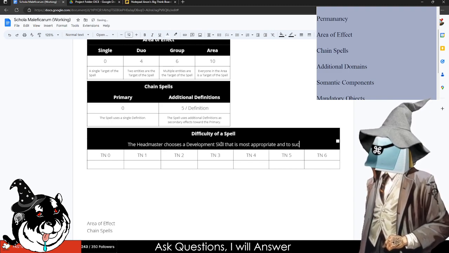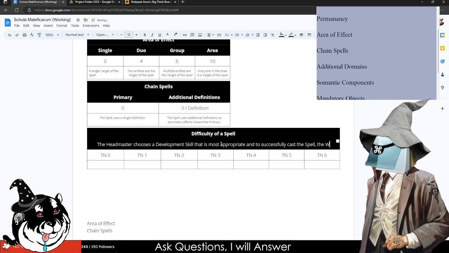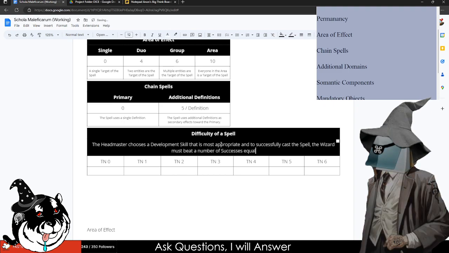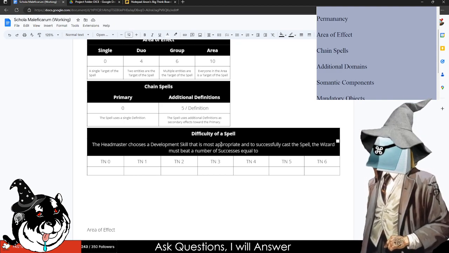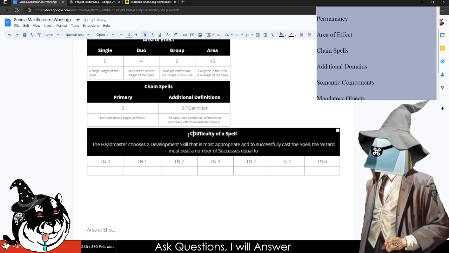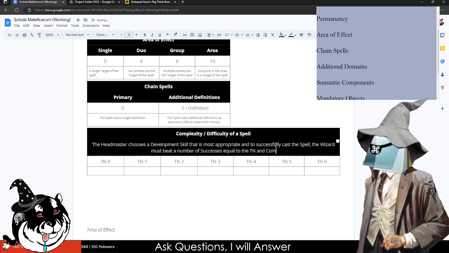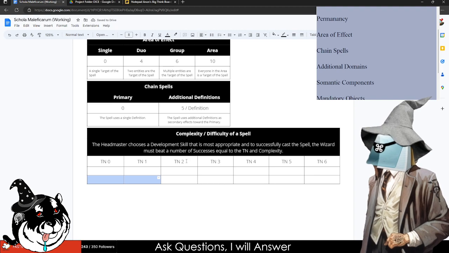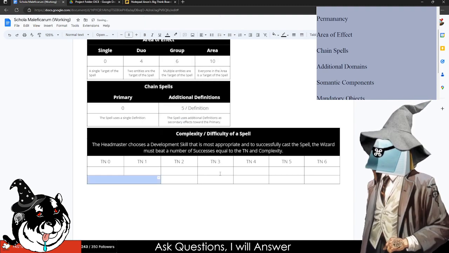And to successfully cast, the wizard must beat a number of successes equal to the target number and complexity, because the complexity only has 3, but since there's 6 here, what we're going to do is we're going to merge.